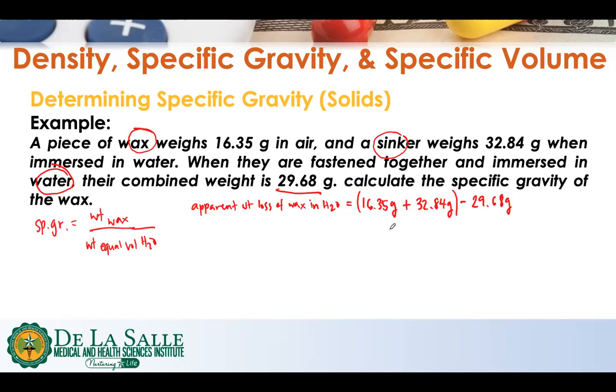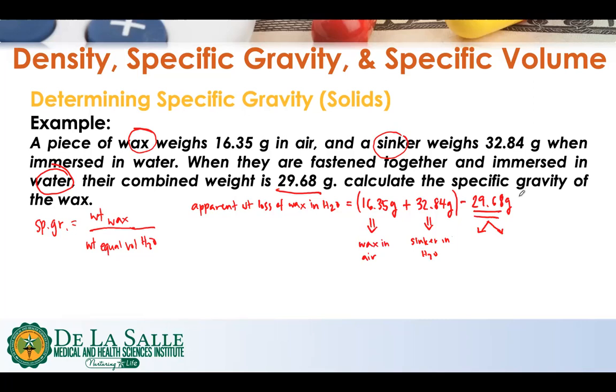Why is that so? Remember that this is the weight of the wax in air. And this is the weight of the sinker in water. Now, 29.68 grams is the weight of both wax and sinker in water.